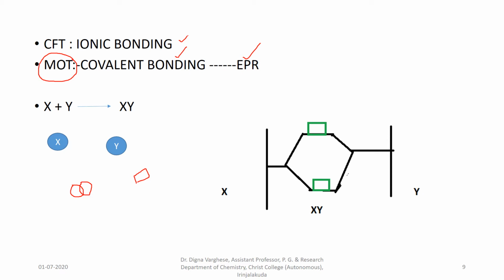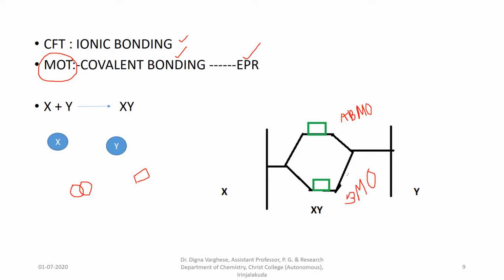Here two molecular orbitals are formed by the combination of the two atomic orbitals. One is the bonding molecular orbital and the other one is the anti-bonding molecular orbital. Bonding molecular orbitals are lower in energy and anti-bonding molecular orbitals are higher in energy.